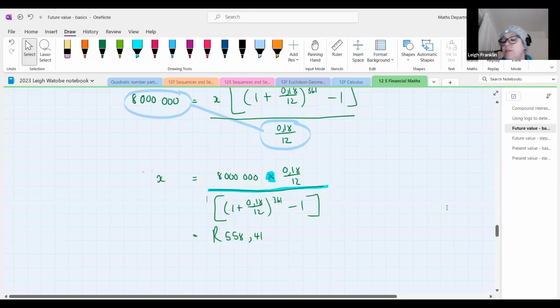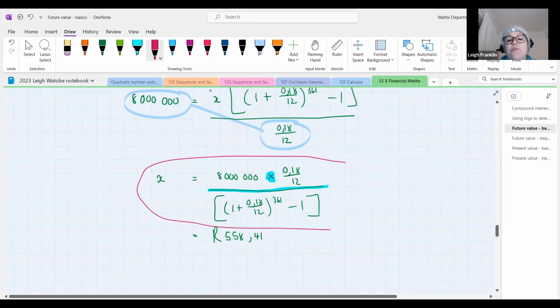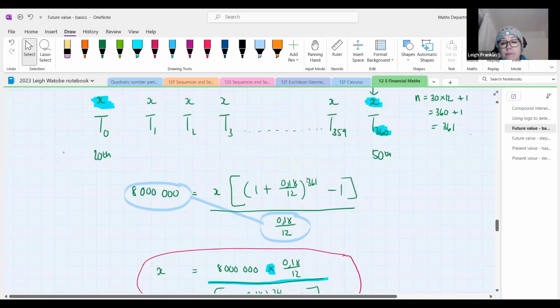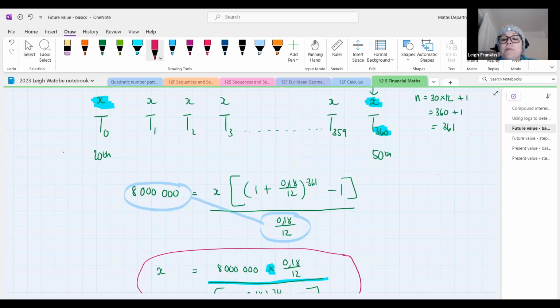This step actually does not need to be shown, but I'm doing it now with you guys just so that you can see where it comes from. So marks here, you've got to sub into the correct formula. I'm sure there would be an accuracy mark on the 361.